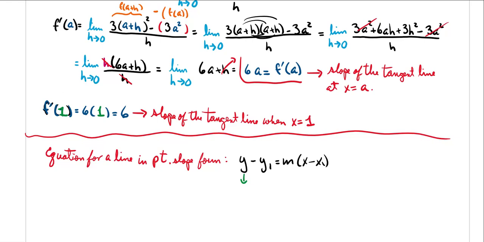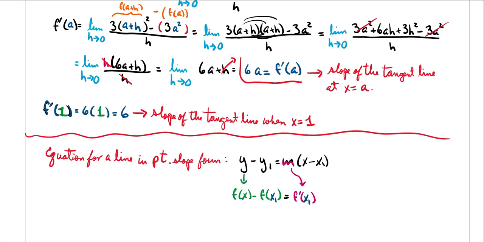Switching to function notation, this is just going to be f of x minus y1. Well, the y1 is simply the function value evaluated at x1, or maybe a, if you want to call that the x. And key distinction here, what is the slope? Well, since we're looking specifically for the equation of a tangent line, then the slope is simply the derivative evaluated at a given x value.